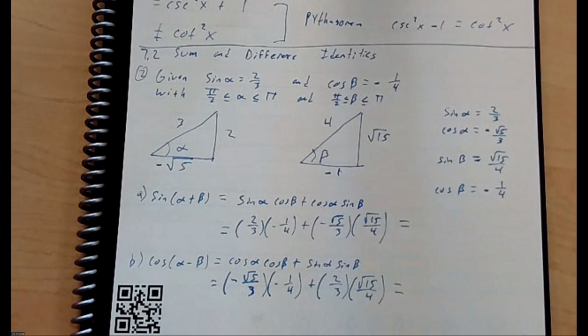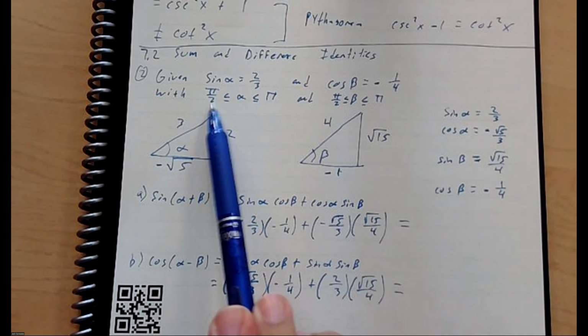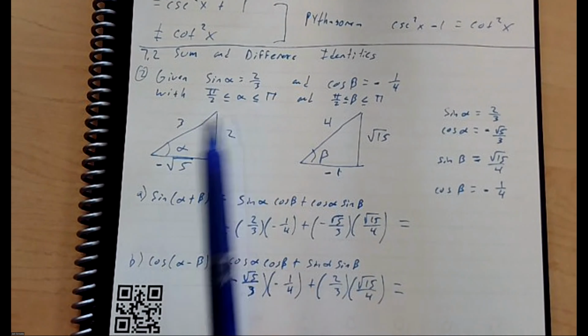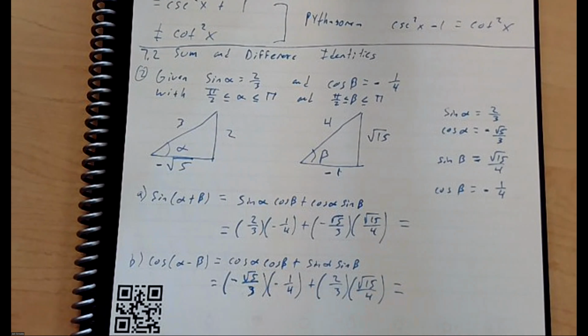Any questions on what we just did on number 2? So they have to tell you or give you a hint. So right here, they said alpha is within pi/2 to pi. So that means it starts at the top part, 90 degrees, and goes all the way to 180.